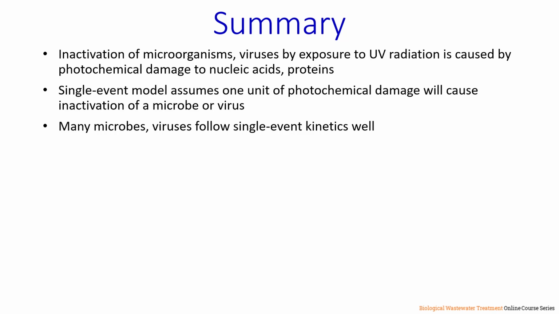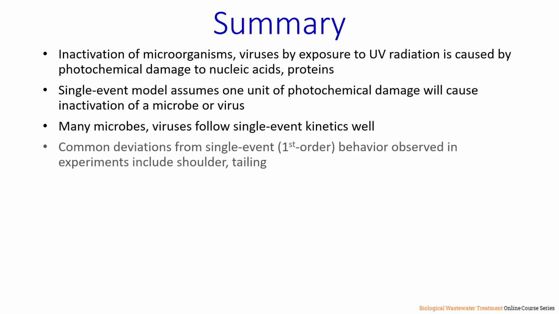There are many microorganisms and viruses that follow this single event or first-order behavior quite well. However, there are common deviations from single event behavior that have been observed in experiments, and these common deviations include the existence of a shoulder or tailing.